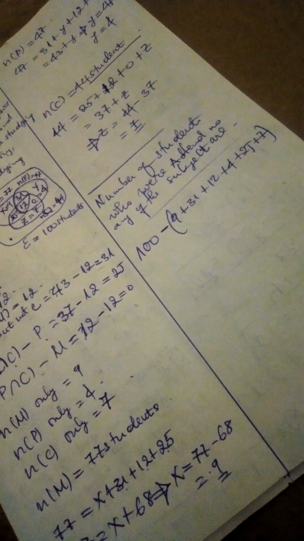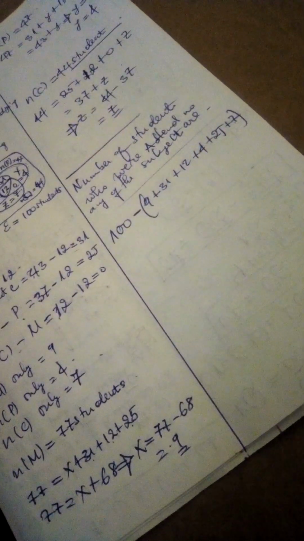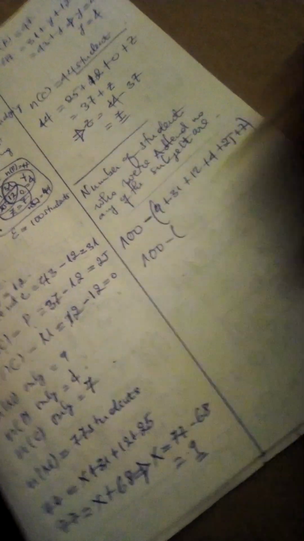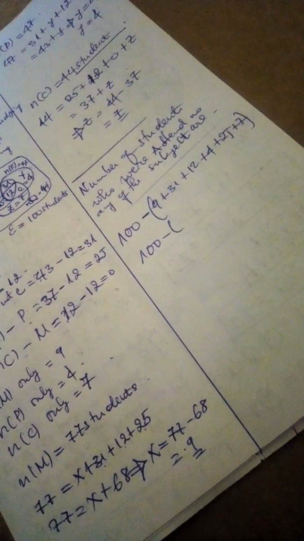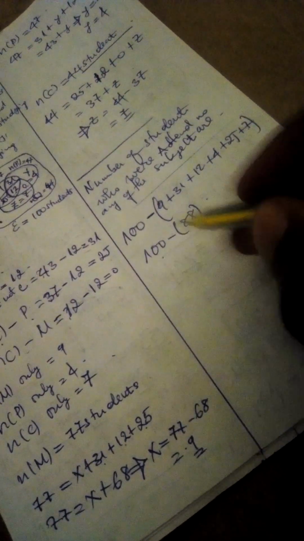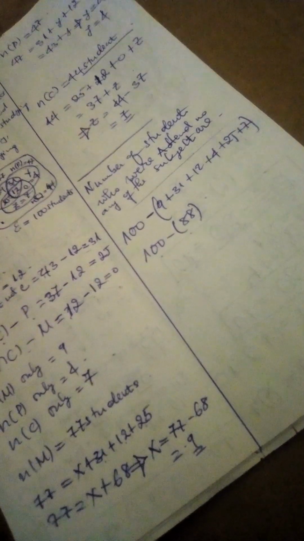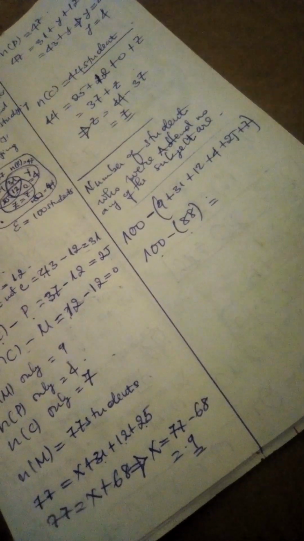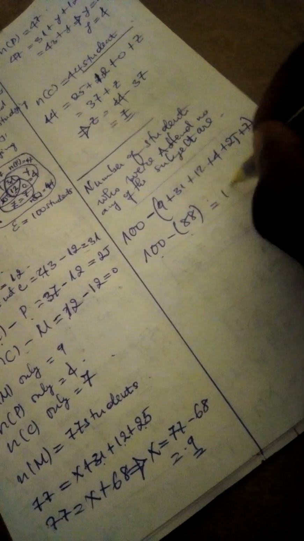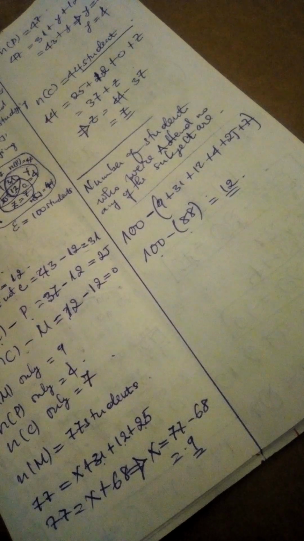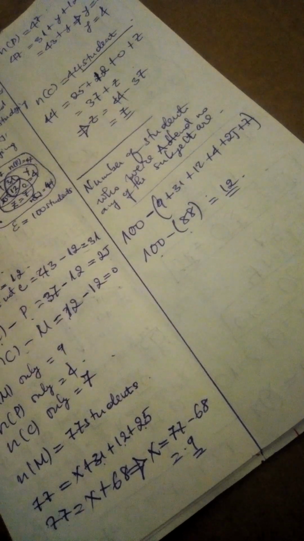So it means it is 100 minus 88, and that is equal to 12. 100 minus 88 equals 12.